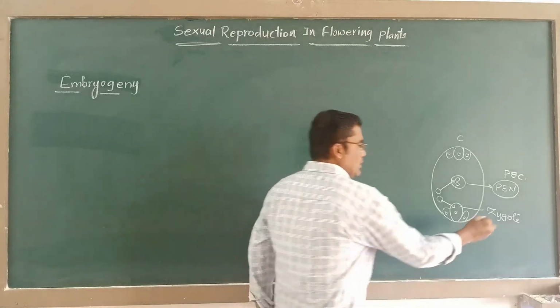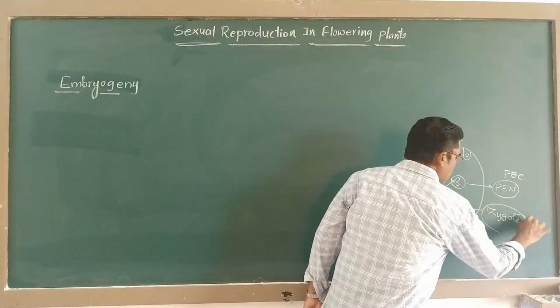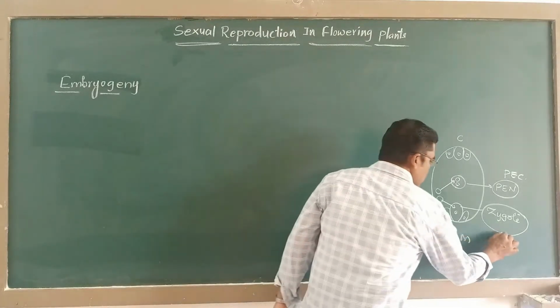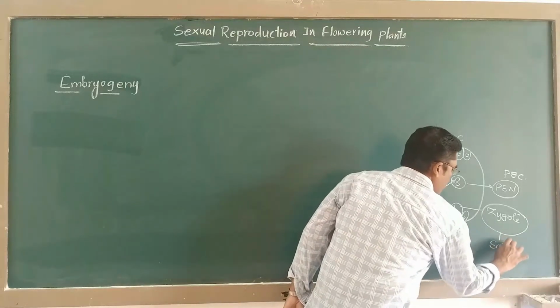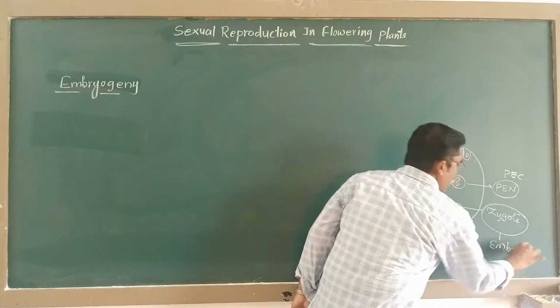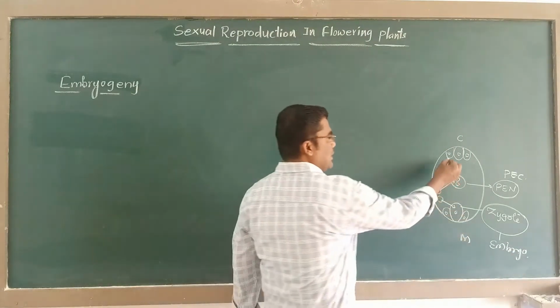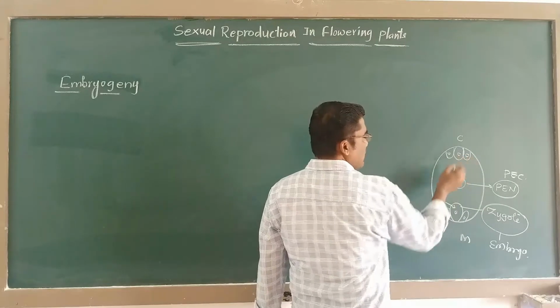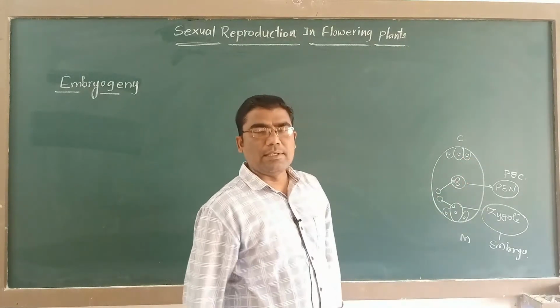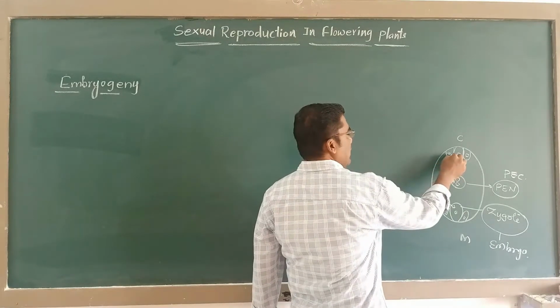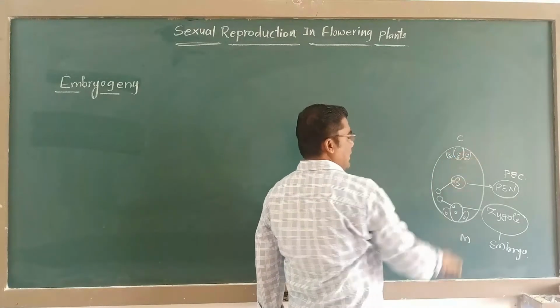Now what about this structure? This is the zygote. This zygote next develops into the embryo, and this process is called embryogeny. Of course, these 3 antipodals are vestigial cells, non-functional cells. Because of this reason, they gradually degenerate.